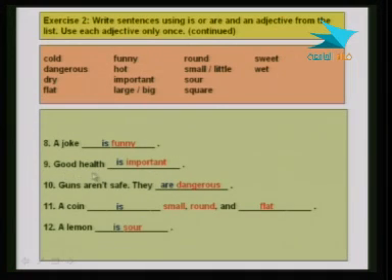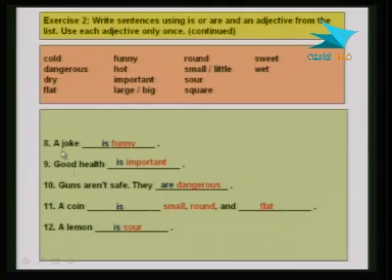So good health is important. Good health together is the subject. Health is the noun. Good is the adjective. So good gives information about health here. It modifies the noun health, and it serves as the subject of the sentence. Good health is important.